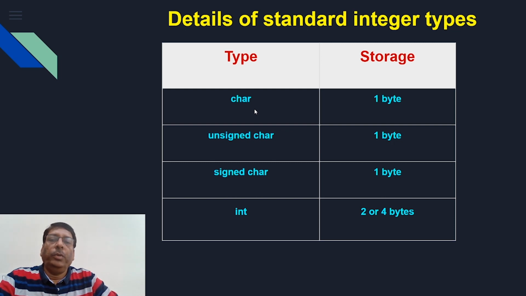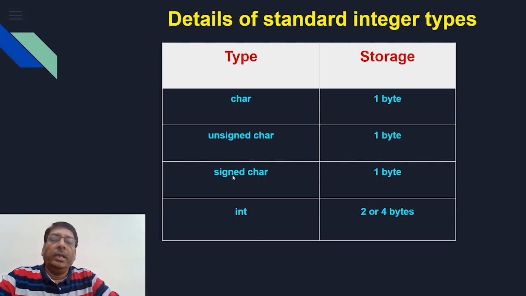If you enter A, it is treated as a character and occupies 1 byte of memory. If you enter a number, it is also treated as a character and occupies 1 byte of memory. With the character data type, you cannot perform any arithmetic operation. Similarly, you have unsigned character and signed character, where you can use a negative value or avoid using negative values, and so on.